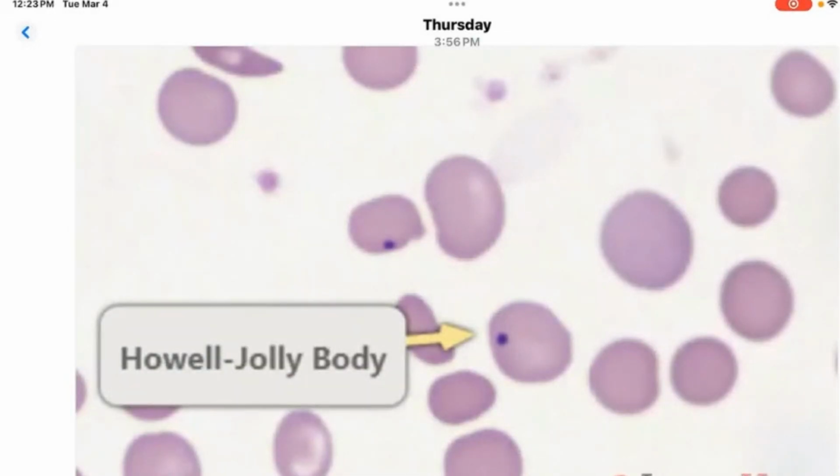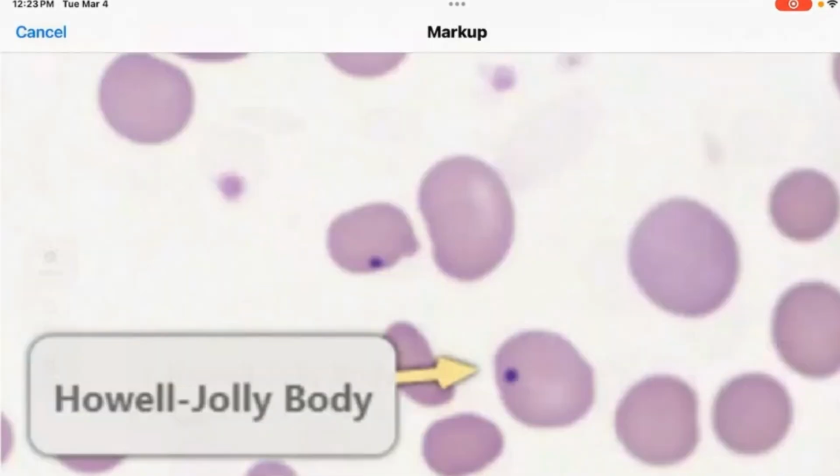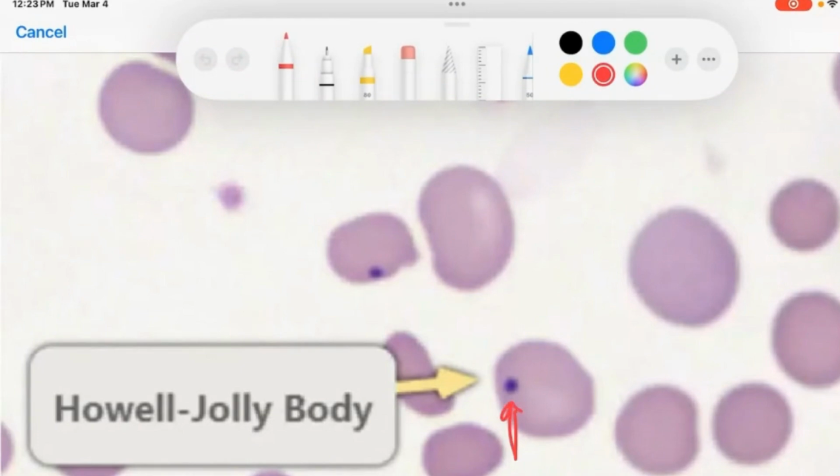This is a nuclear remnant, retained DNA. All these tiny dots, basophilic structures, that's a Howell-Jolly body.